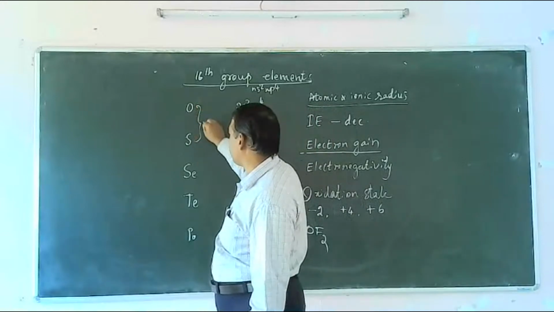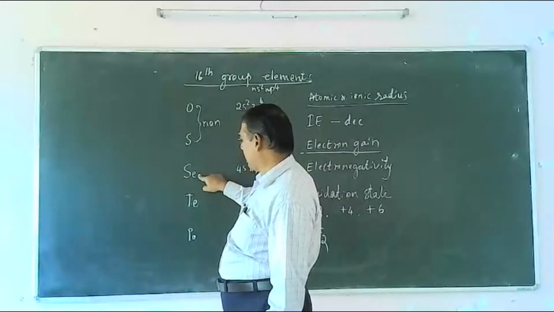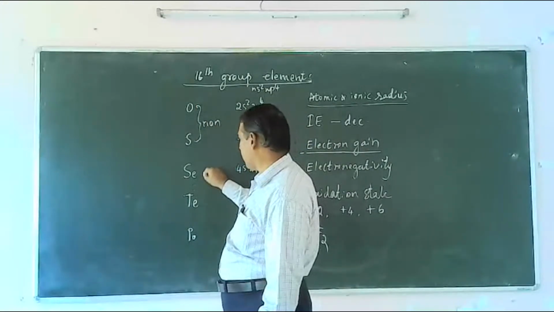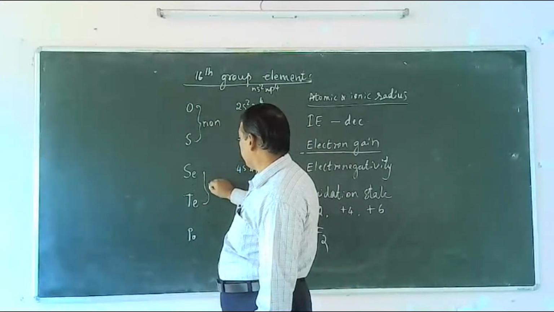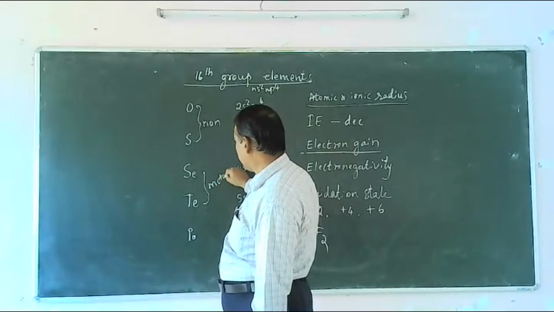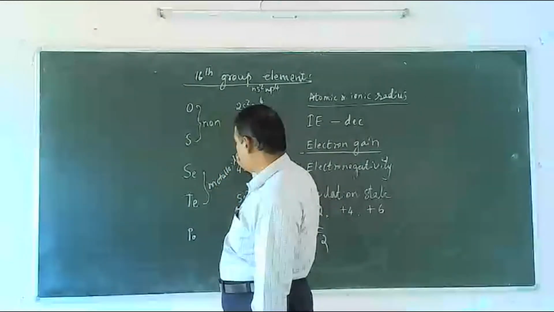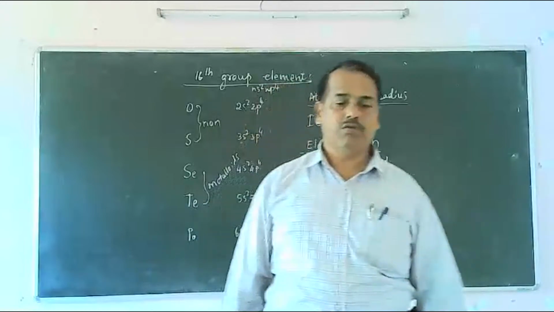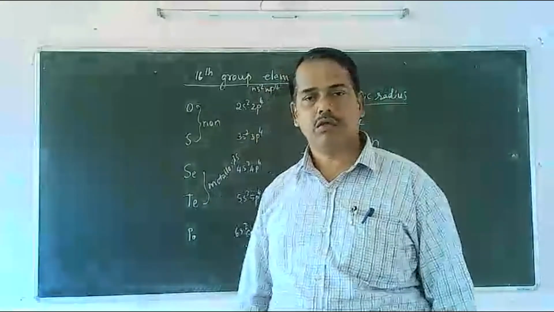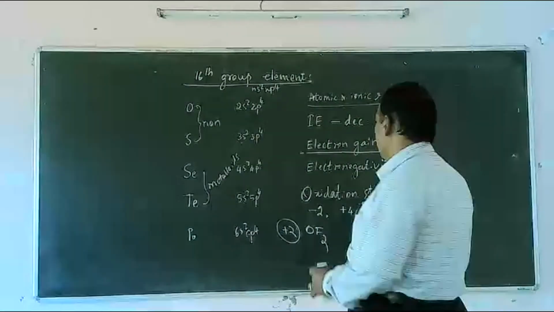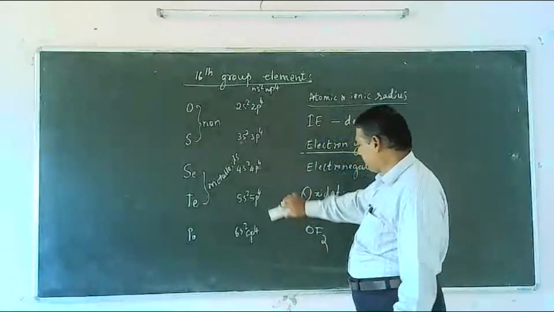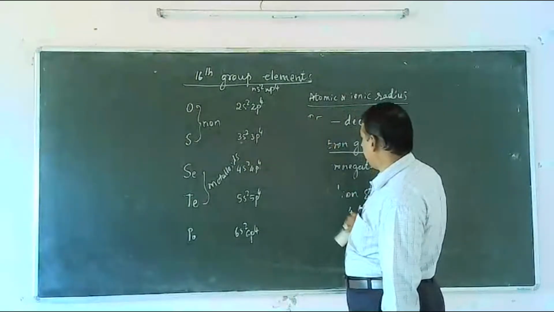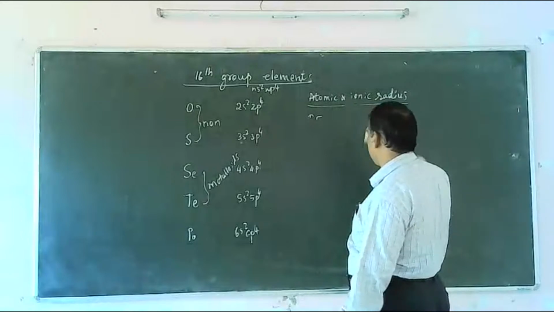Selenium and tellurium are metalloids. But polonium is a metal, which is a radioactive metal. Are you clear? Okay. So we shall study the reaction with hydrogen.